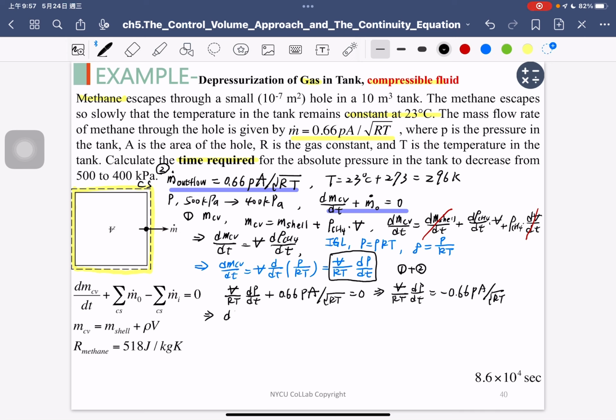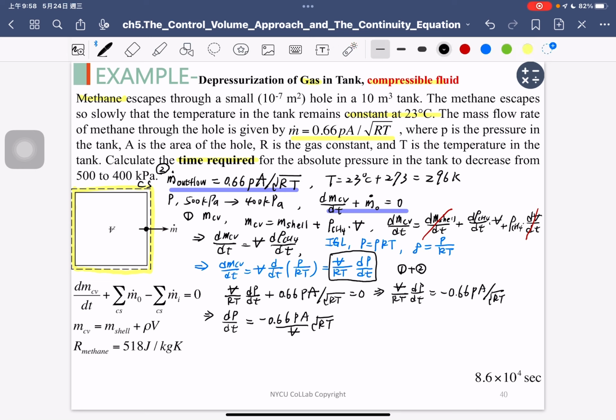I keep the dP/dt on the left hand side and move all the parameters to the right hand side, so you have minus 0.66 times pressure and area, divided by the total volume of the tank. There is the root of RT in here because I moved the RT to the right hand side.